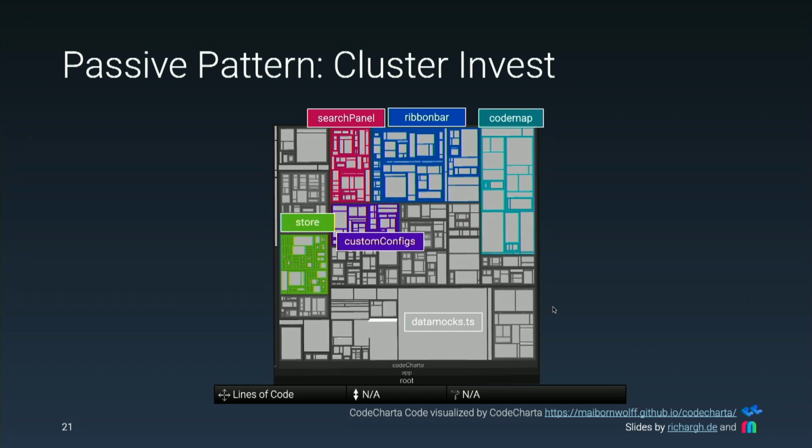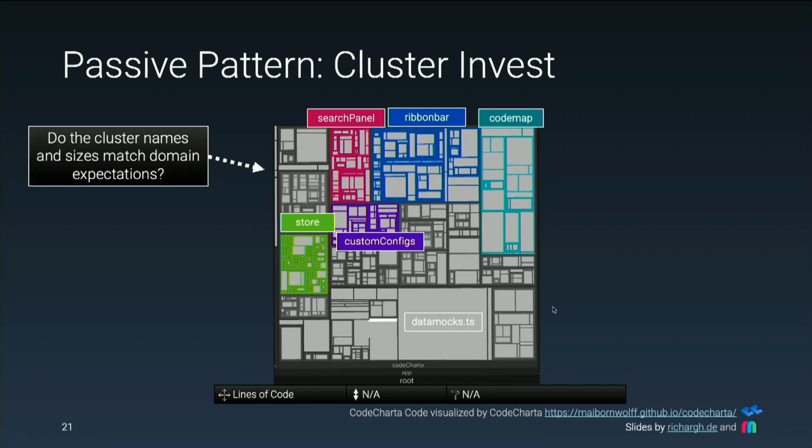But if you map lines of code, you can see, well, this code map is very important, and for some reason, one singular file called datamux is as big as like other folders. But yeah, you can sort of look and see, does that match your expectations?